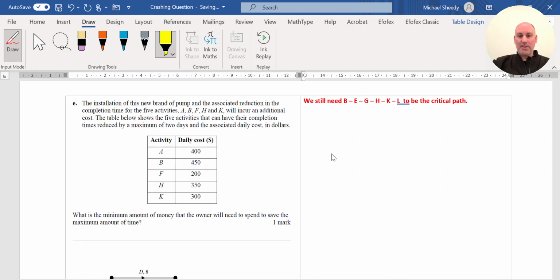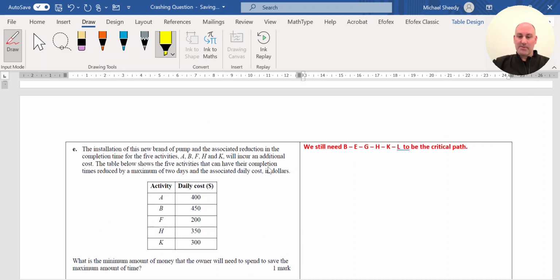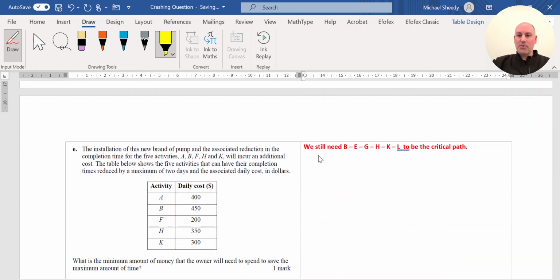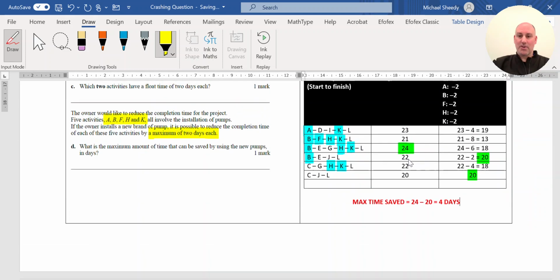Now, one important thing when answering questions like this is we still want the original critical path to be the critical path after the reductions. We don't want to change the critical path. The original critical path was BEGHKL, shown here in the table method where the 24 is. We still want that to be the critical path.